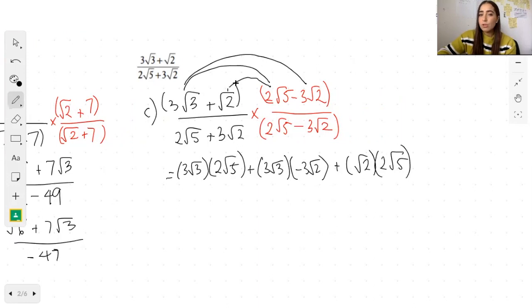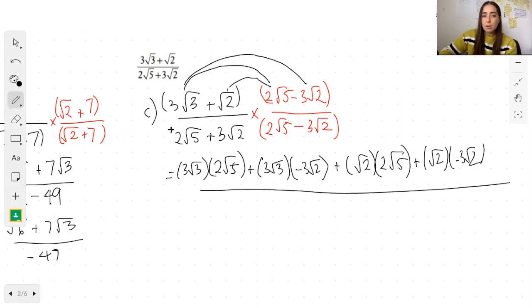And then we're going to do root 2 times negative 3 root 2. Then we're going to do the denominator. So once again, it's a difference of two squares. So we're going to take the square of the first term. I'm going to write it like this. We're going to minus the square of the second term.